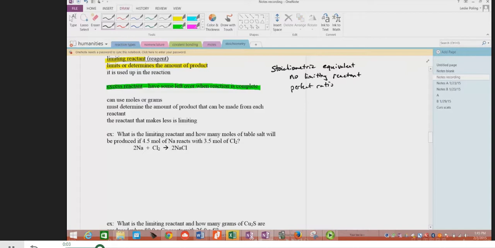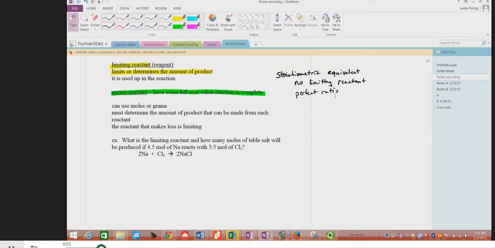We have the perfect ratio. So it's the baby bear's porridge of chemical reactions.